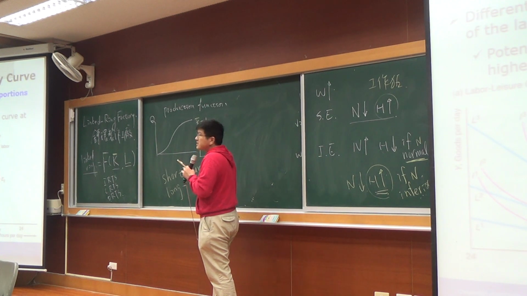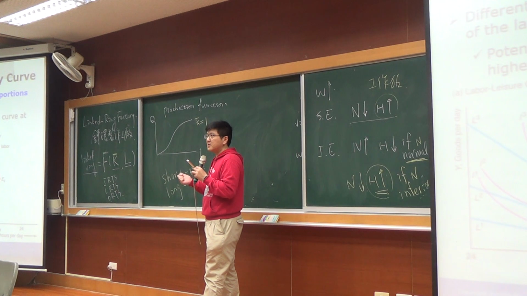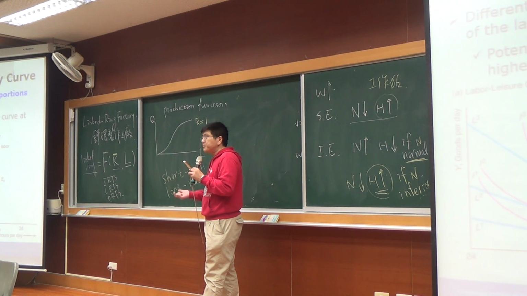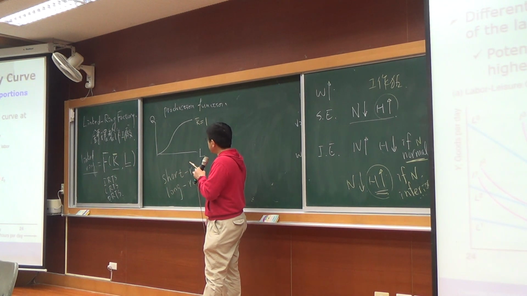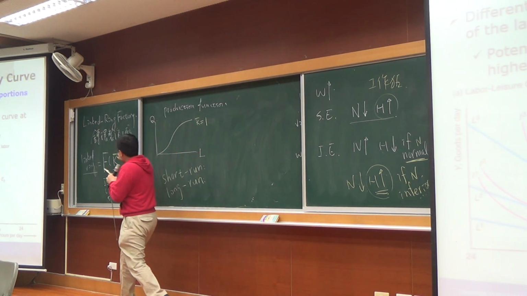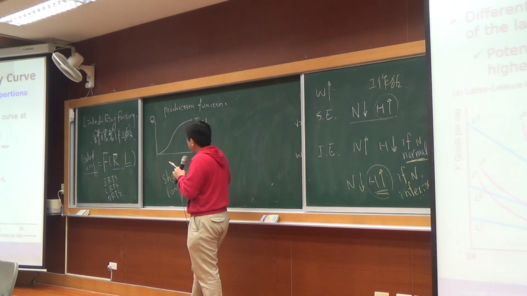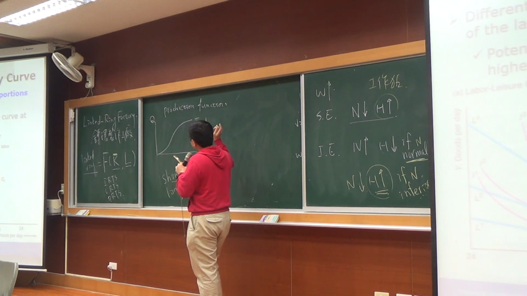Short run means there exists at least one factor of production unchanged or fixed. And long run means all inputs can be varied. So with capital fixed, we are talking about the short run. So this is actually a short run production function.